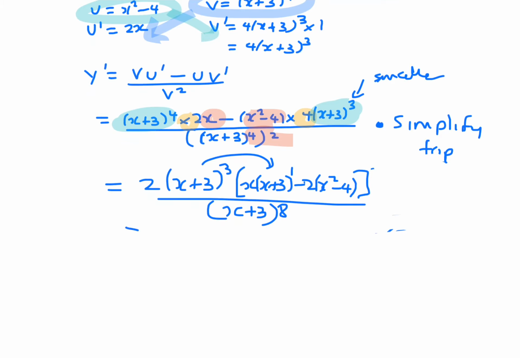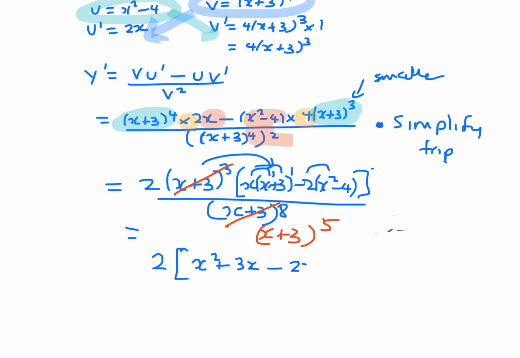Okay, so looking at that then, you can see that these will cancel and leave you (x plus 3) to the power of 5. So then you are left with 2. And then inside here, that would be x squared plus 3x, and then minus 2x squared plus 8, all over (x plus 3) to the 5.